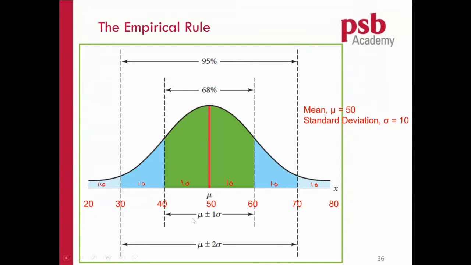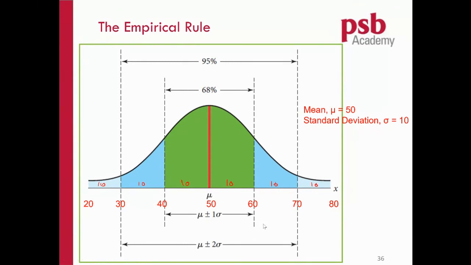So what I can know from this rule is if I have data and the data has a mean of 50, standard deviation of 10, then I can say that 68% of the data points fall between 40 and 60.